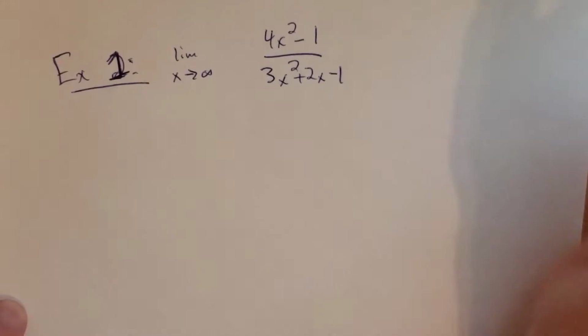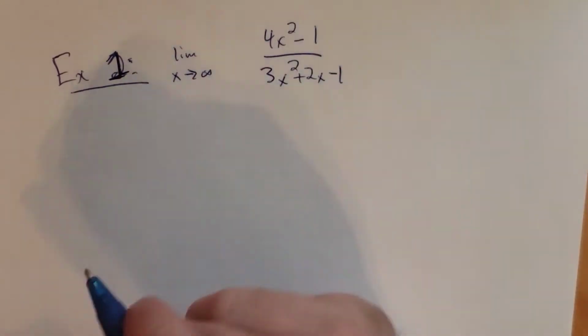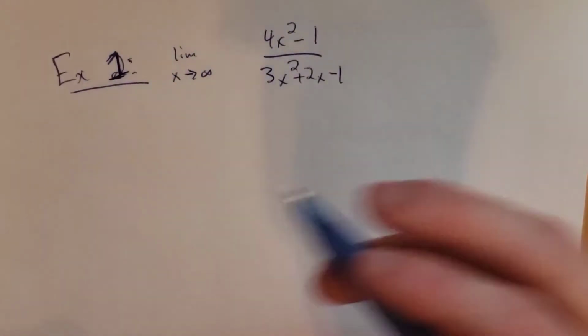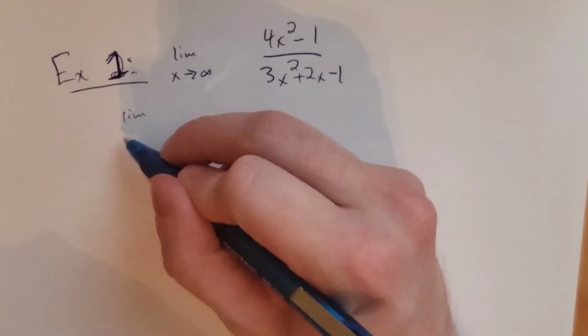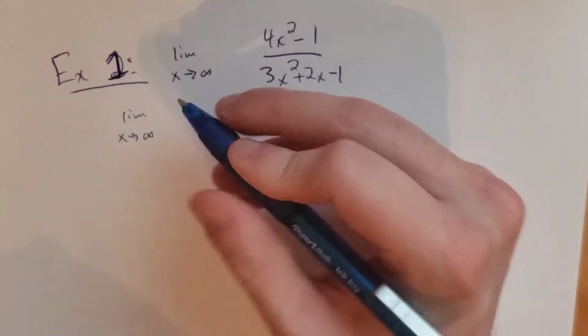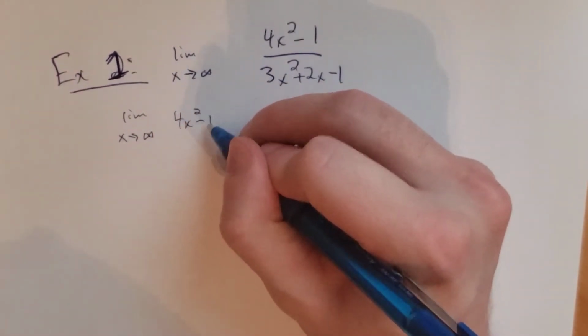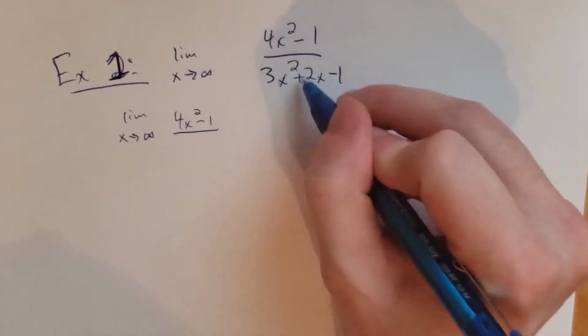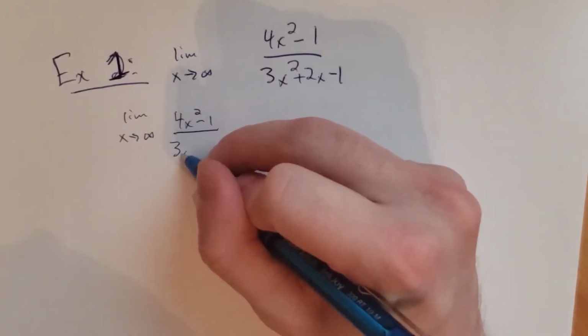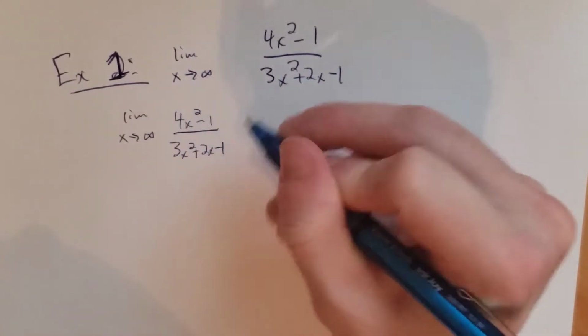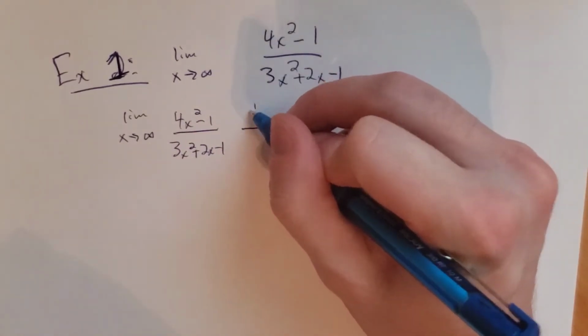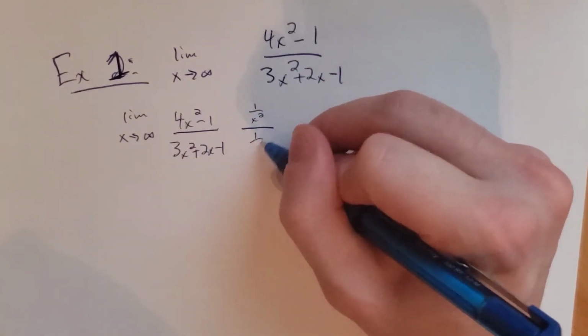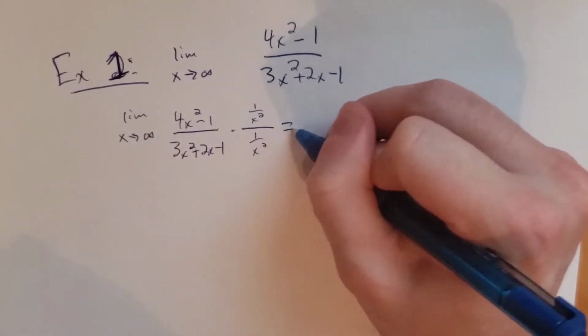And so, as we had done in our previous video on this work, we want to take this kind of a function and we want to multiply by 1 over the highest power of the denominator. And we do that in the numerator and denominator. So this is 1 over x squared over 1 over x squared, and we want to multiply by that.